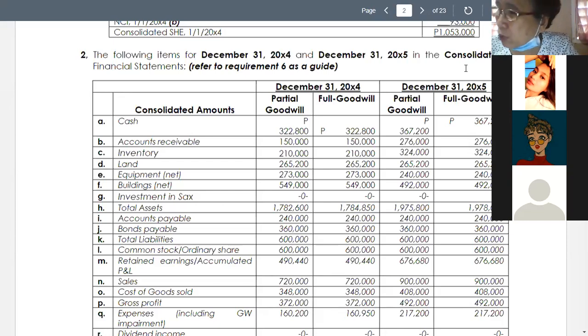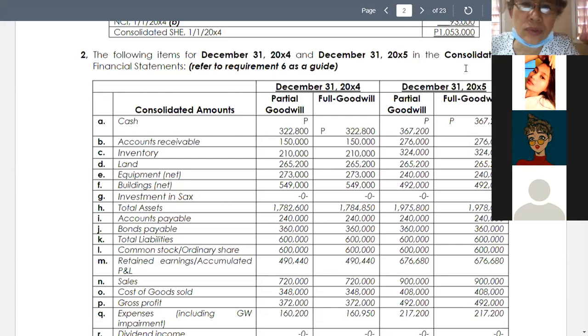The fact is that goodwill is one of the assets. And I know you will not be able to get 1,782,600 even if you add goodwill, because the solution of Mr. Dayag considered discount on bonds payable among the assets.